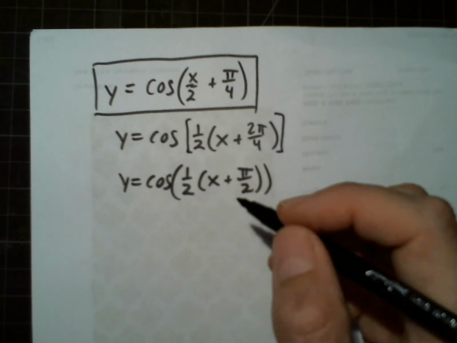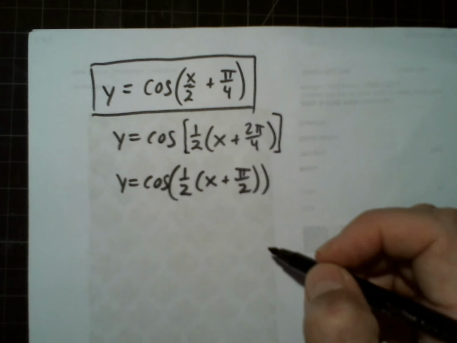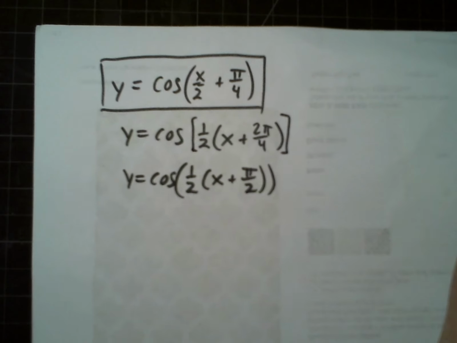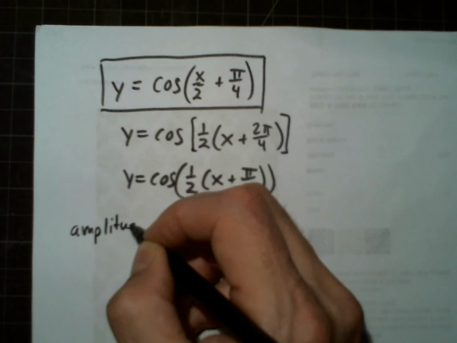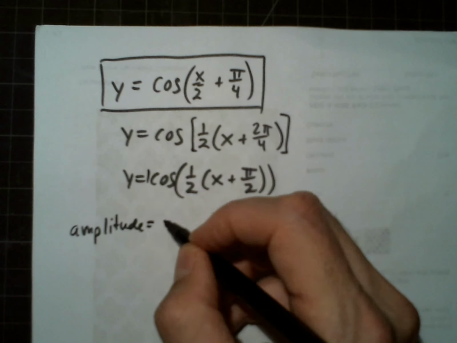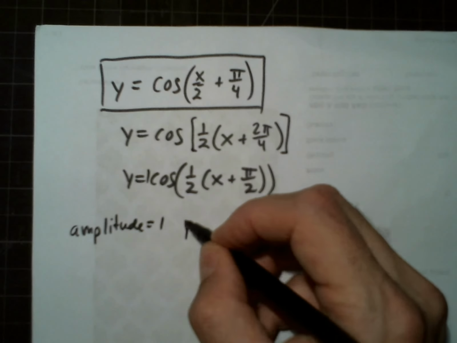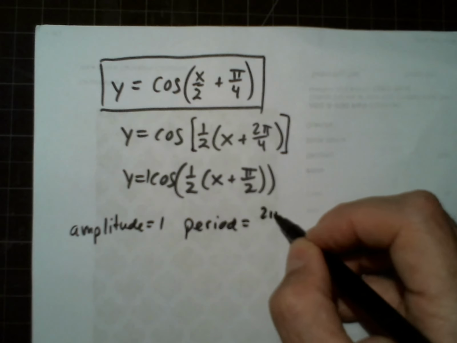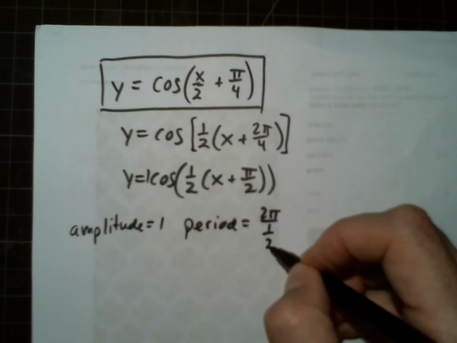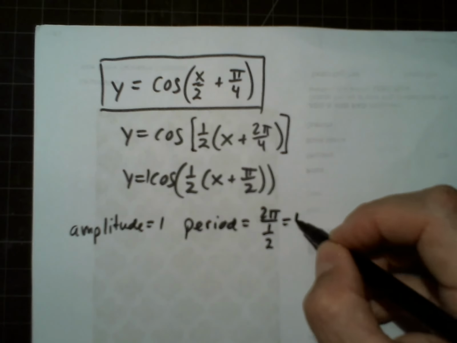Let's look at some of the characteristics. The amplitude is 1. The period is 2 pi over a half, and that gives us 4 pi.